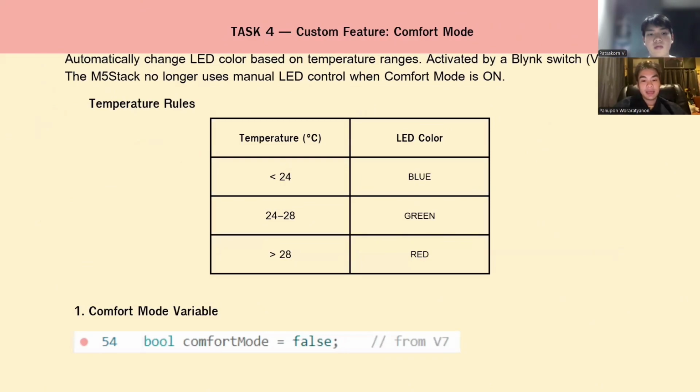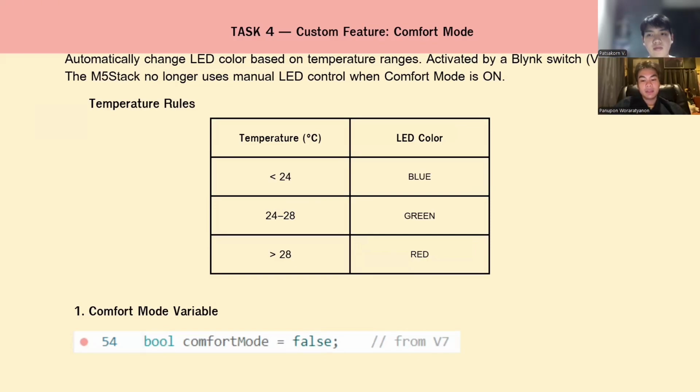So on to task 4. Task 4 adds a smart feature called comfort mode. When comfort mode is on, the LED automatically changes color based on temperature. To do that, I created a function that returns a color code depending on the temperature range. The temperature-to-color function works like this.